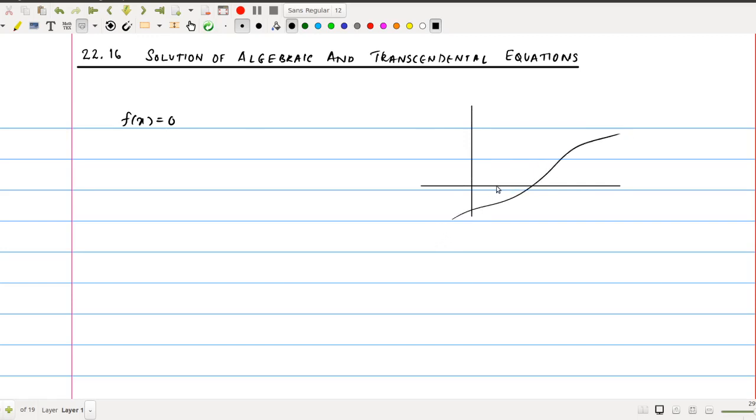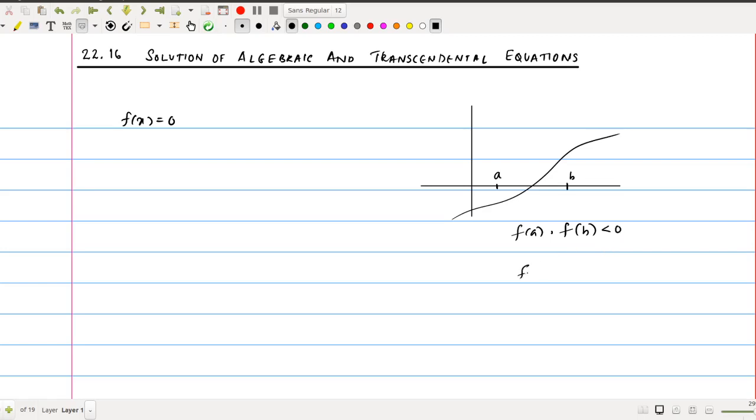Then we choose two consecutive integers a and b such that f of a into f of b is less than 0. That means these two values should have opposite signs.